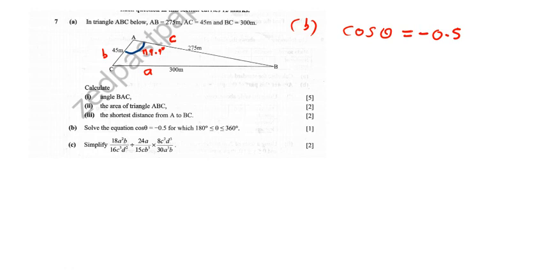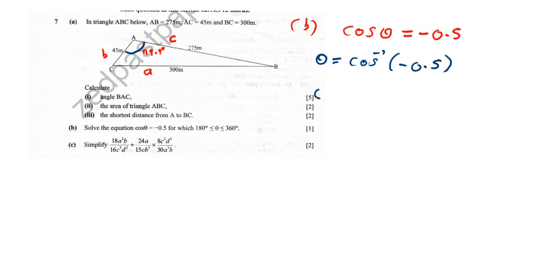So solving this question, we take cos to the right side. It will be cos inverse. So theta is equal to cos inverse of negative 0.5.